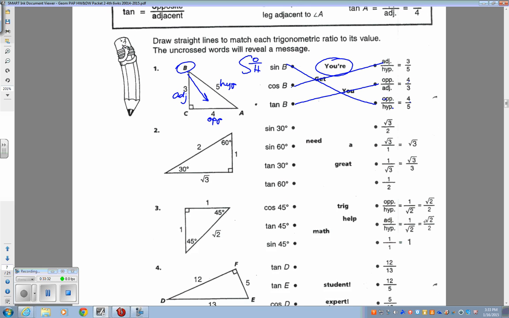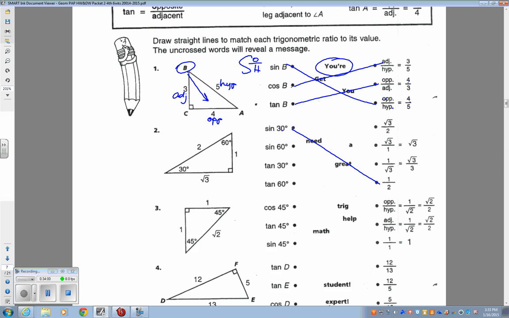So here we're doing sine of 30. Opposite over hypotenuse. So that would be 1/2, right? Does that make sense?